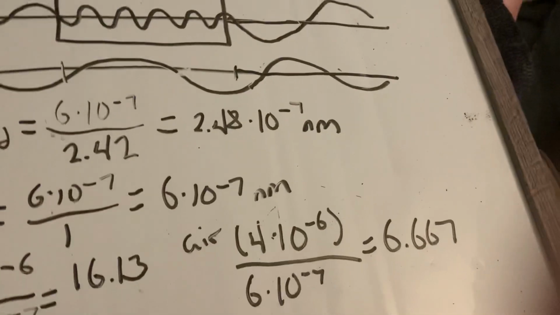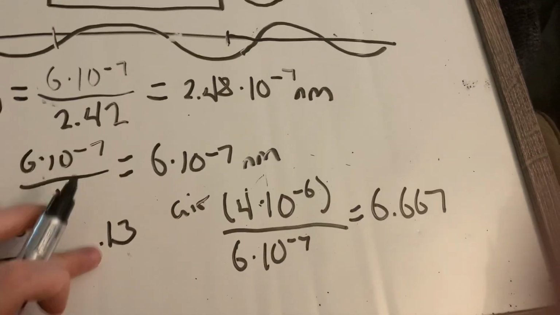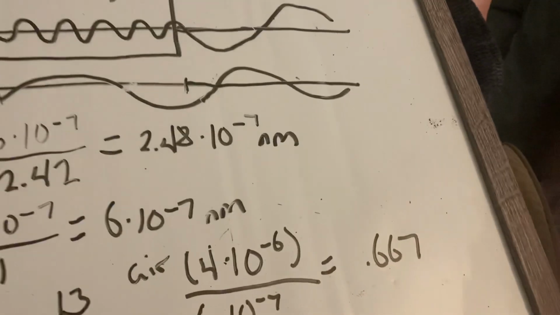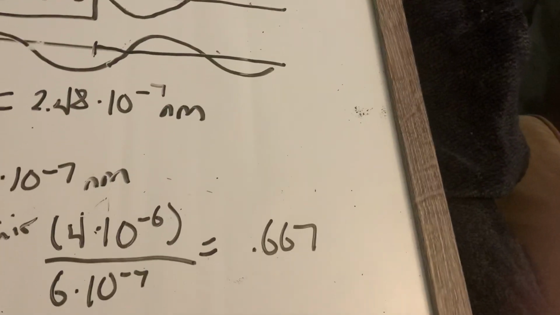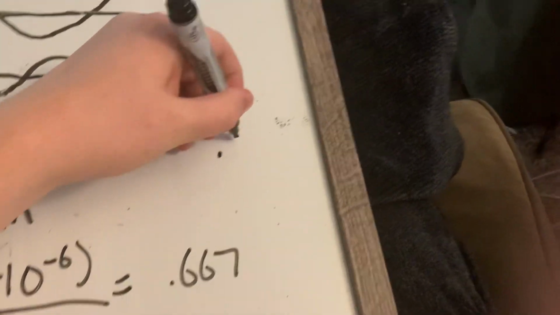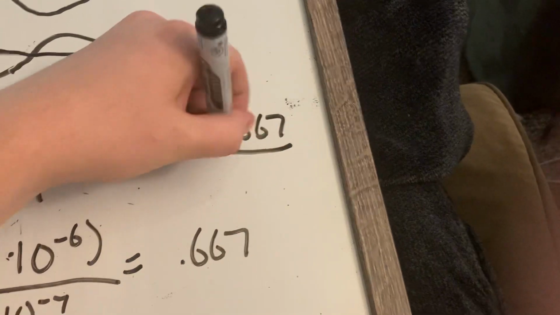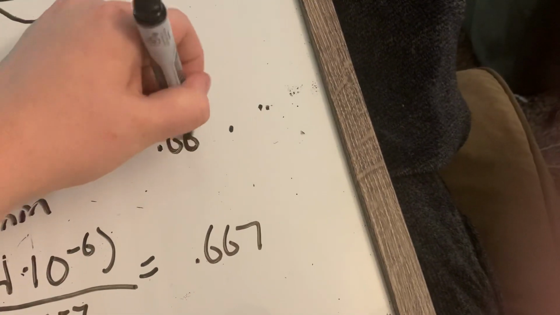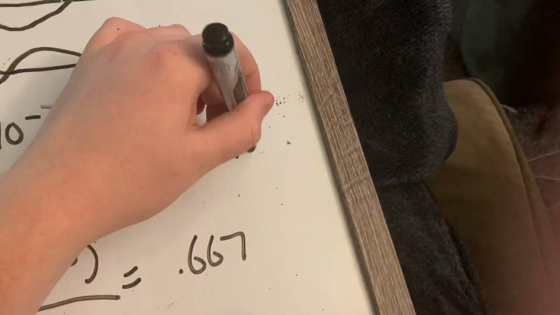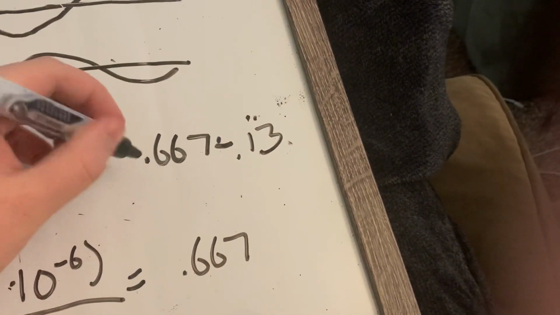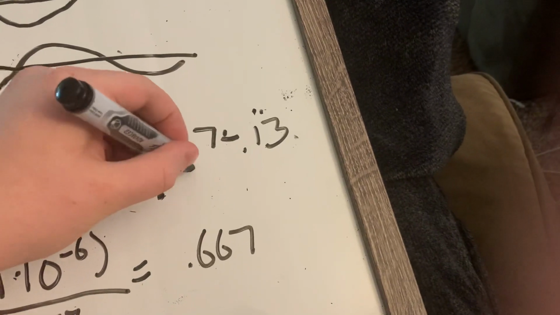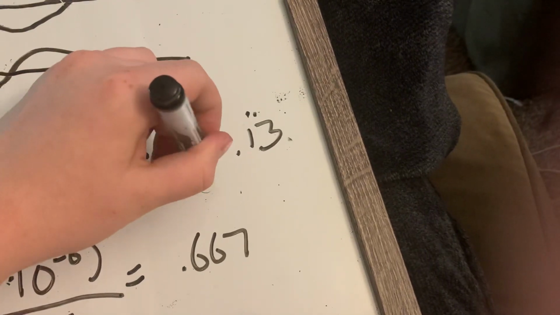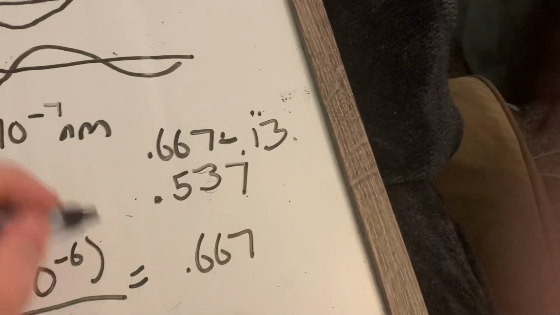And to compare these, we can go ahead and take off the full wavelengths, because those aren't going to really matter whenever it comes out at the end here. And we can take just the decimals. So we can take 0.667 minus 0.13, and then that is going to be 0.537.